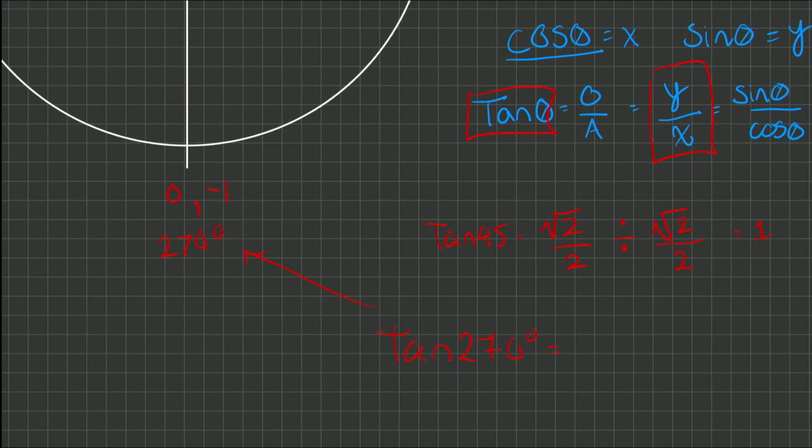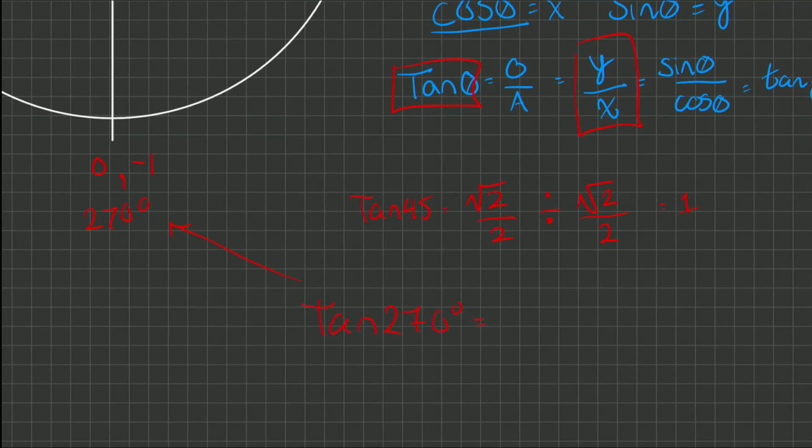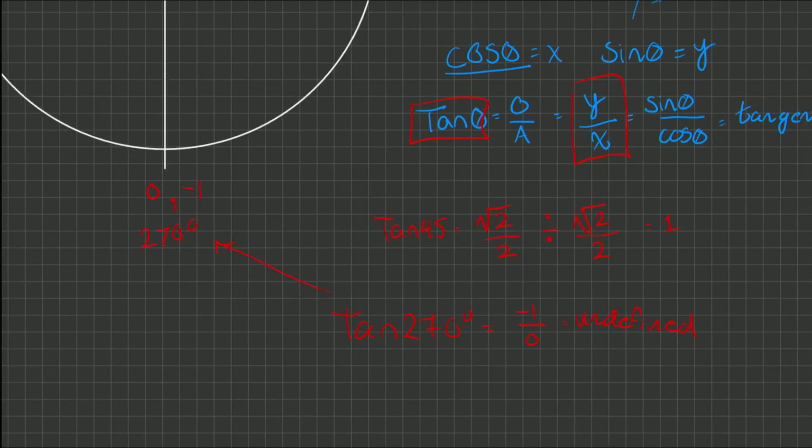And we said that tangent is equal to y over x. So we have -1 over 0. And if you were to put that in your calculator, what does that give you? That gives you undefined. If you put tangent of 270, notice how it's undefined as well. So this explains why some trigonometric ratios are going to be undefined. It's a cool way. It just works.